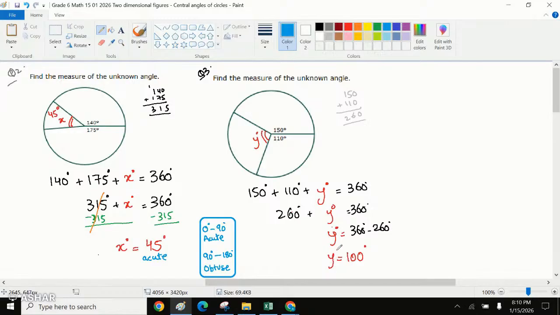And in this case, y is obtuse, right? 100 degrees. Yes, 100 degrees is your answer. Agreed? So let's process this information also so that we can revise what we did in our earlier topics as well. Y comes out to be 100 degrees, and since it is more than 90, it will be called an obtuse angle.